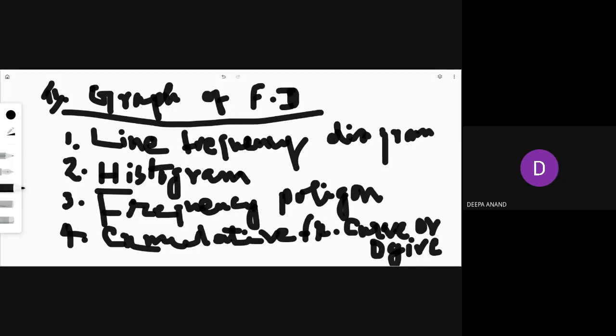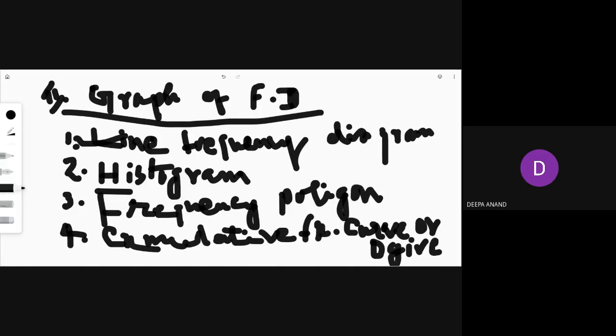So these are the different graphs of frequency distribution. In that, this one you have already done. You have done problems with the line diagram. When you do it on the graph, it comes under this category. Without a graph, it comes under diagrammatic presentation.